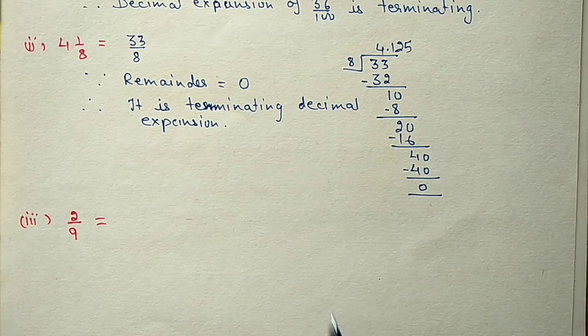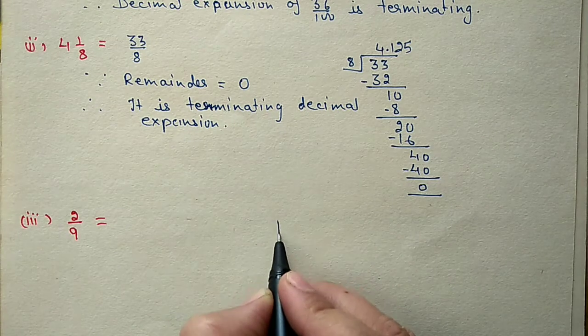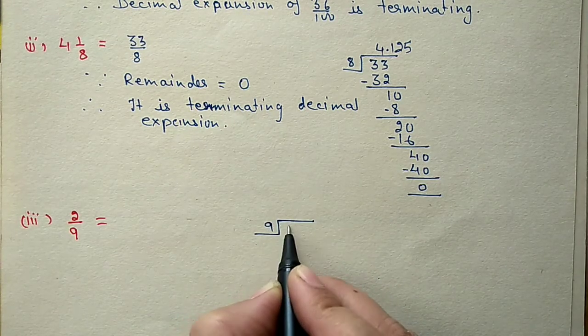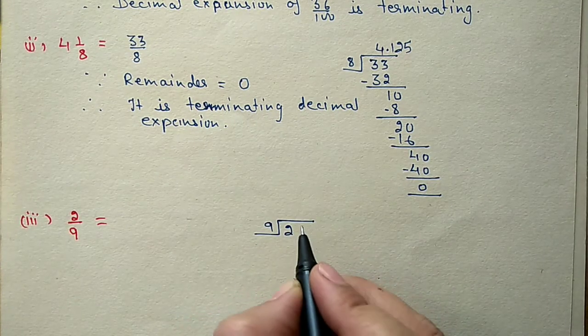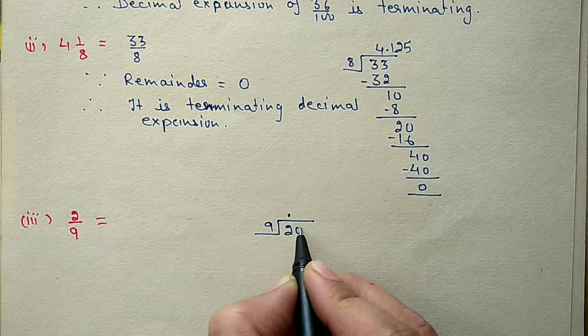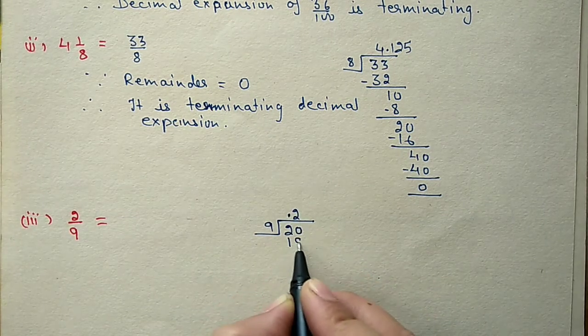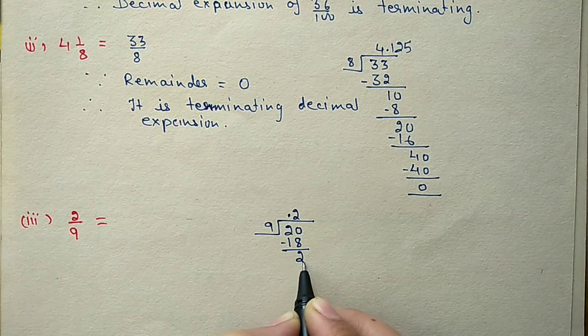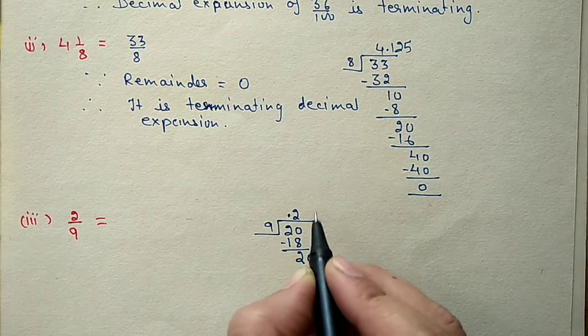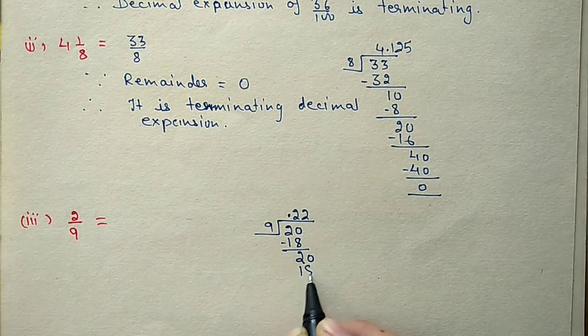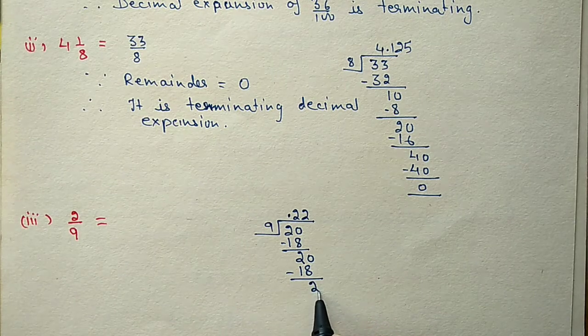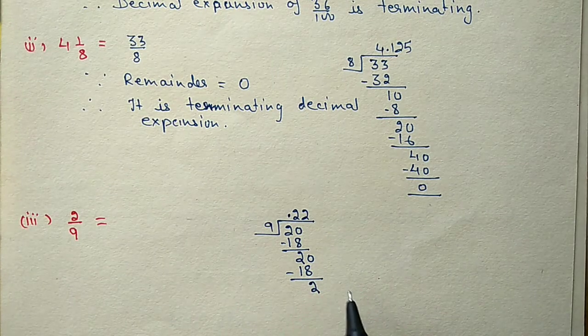Third part, we have 2 by 9. So 2 we have to divide by 9. It will not go. So first we put decimal and take 1 0. Now 9 2s are 18. Then again remainder is 2. Take 1 more 0. 9 2s are 18. And again we are getting 2 here. So if we follow this again and again, we are getting 2 as a remainder.